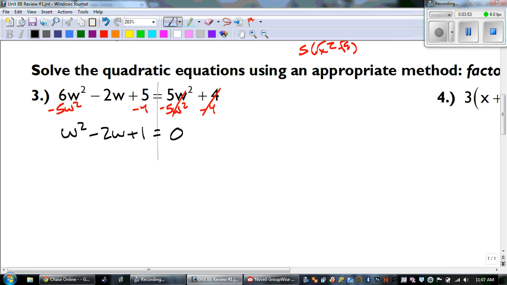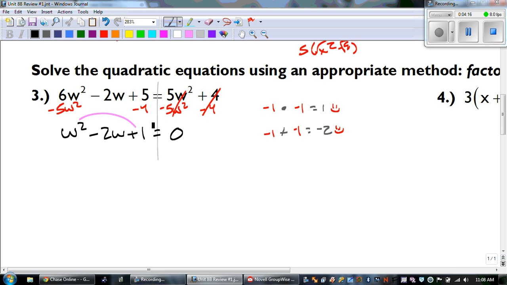Okay, so I need to check, is there a GCF? No. Are there any numbers that we can multiply to get to 1 and add to get to -2? Yeah, -1 and 1, or -1 and -1. It works for both scenarios.